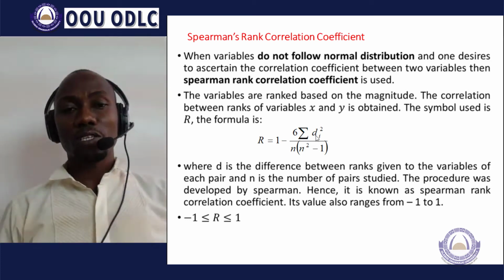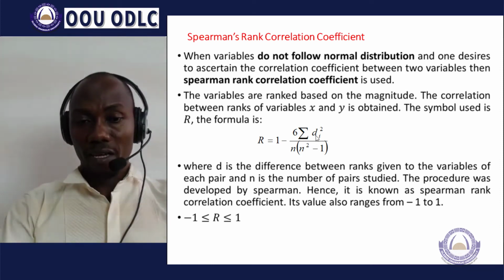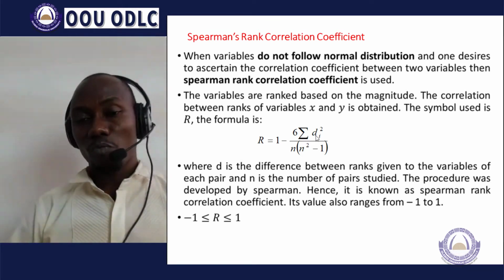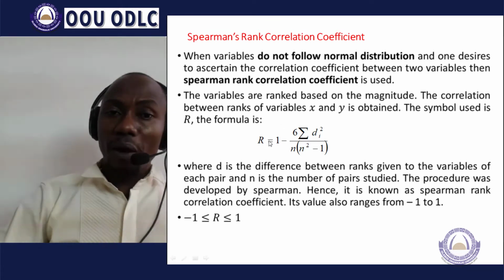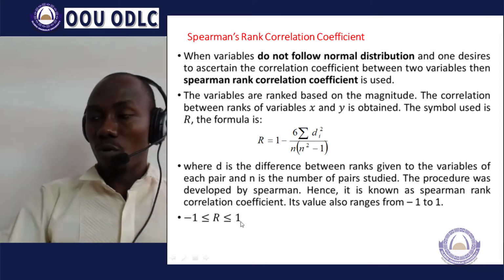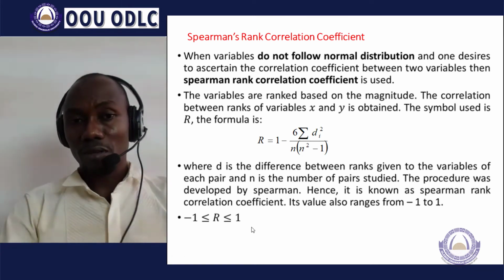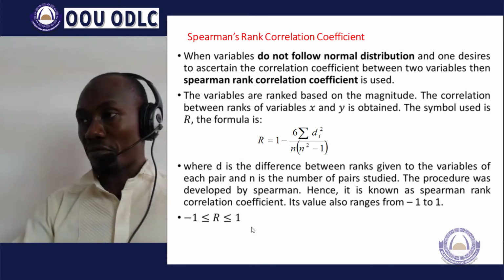We shall see the application as we move ahead. Again, just like Pearson's product moment correlation coefficient, the value of Spearman's rank correlation coefficient must lie between -1 and 1 inclusively, and it follows the same interpretation.